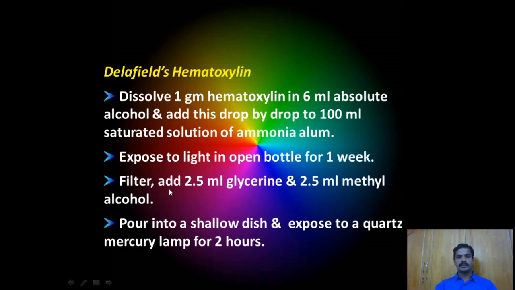Then filter, add 25 ml of glycerin and 25 ml of methyl alcohol. Then pour into a shallow dish and expose to a quartz mercury lamp for 2 hours. This is the preparation of Delafield's hematoxylin.